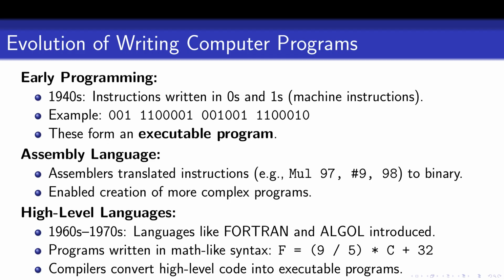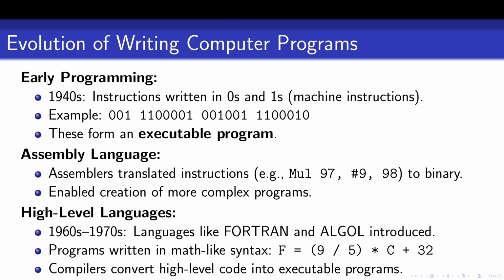Writing machine instructions manually, like in the previous slide, is not only tedious, it's also incredibly difficult to manage for anything beyond the simplest programs. That's why modern programming evolved in stages. In the 1940s, programmers wrote each instruction directly in binary, strings of zeros and ones, which we now call machine code.